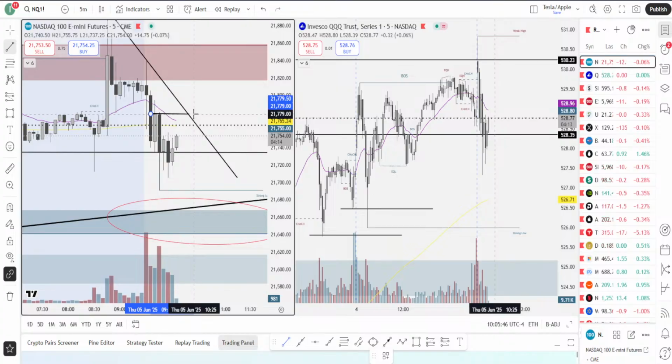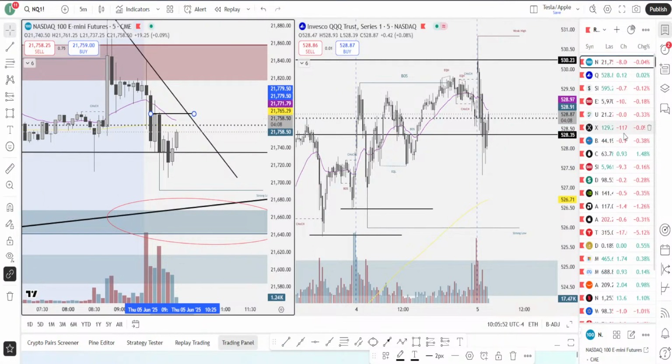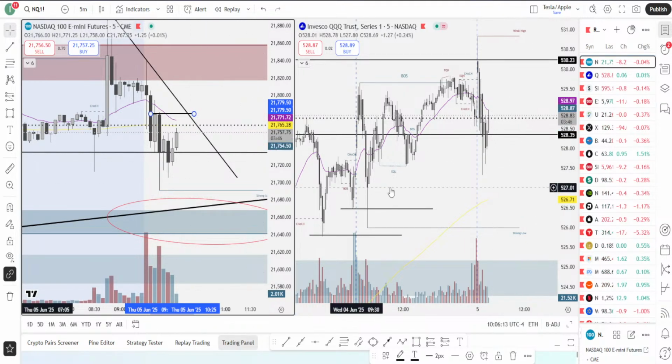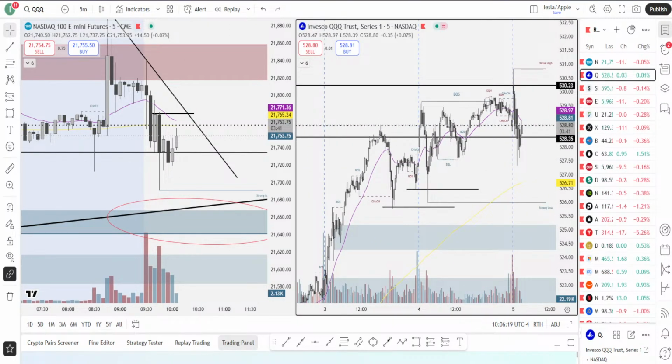Let's see how it acts. See a continued downtrend.